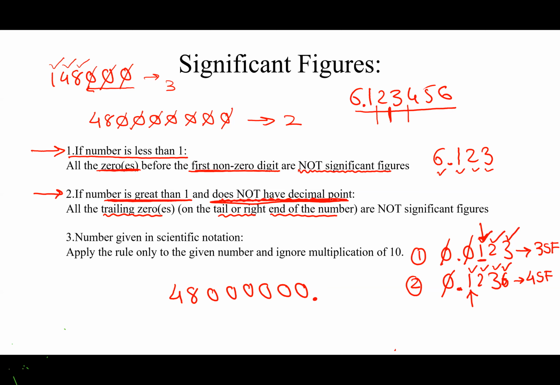It doesn't meet the requirement in this case. The number has to be greater than 1. Yes, it does follow that requirement and does not have a decimal point. In this case, we do have a decimal point. It means we cannot apply this rule. Anyway, the number is greater than 1, so we cannot apply the first rule as well. If we cannot apply either of those two rules, every digit you see in the number is significant. It means 1, 2, 3, 4, 5, 6, 7, and 8. So your answer is 8 significant figures.